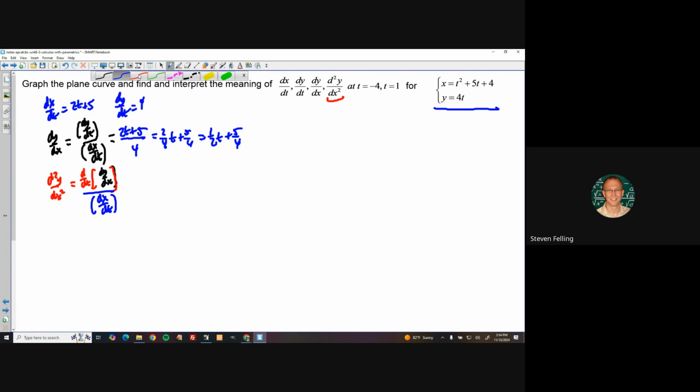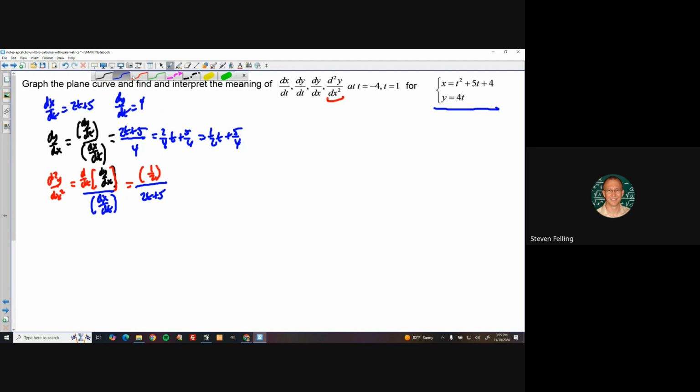Okay, so what we would do is first take the derivative of the first derivative, and that would be 1/2. Okay, so derivative of this equation here. Then we have to divide by dx/dt again, which we said is 2t plus 5. Okay, so this is the expression for the concavity.